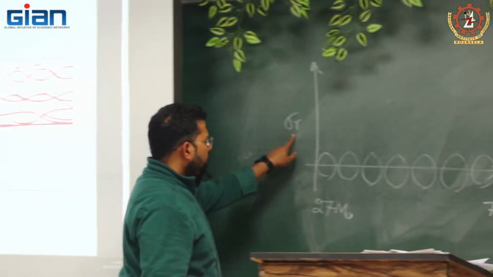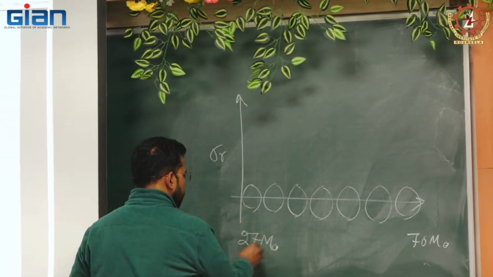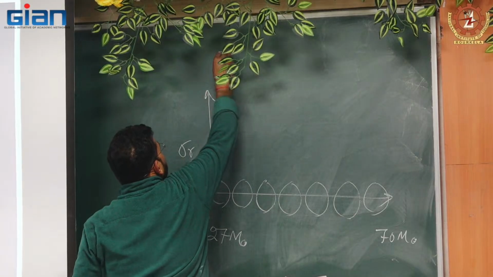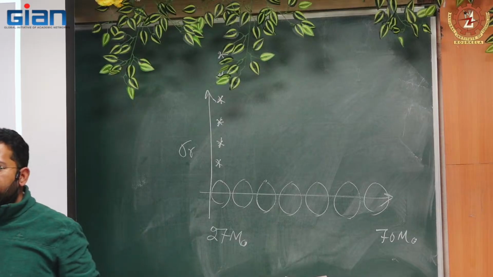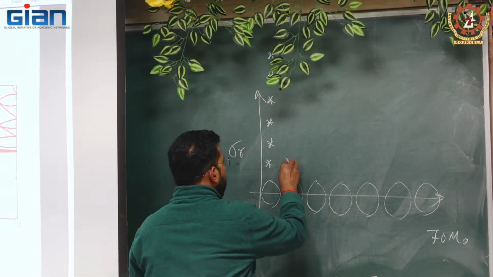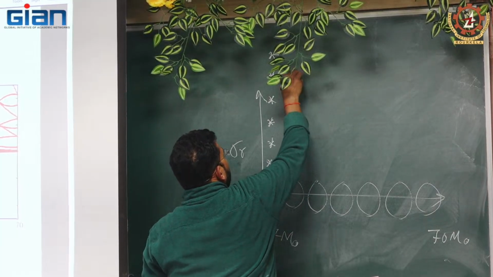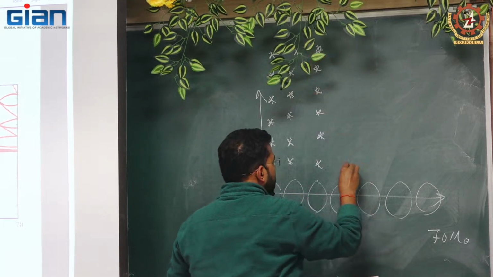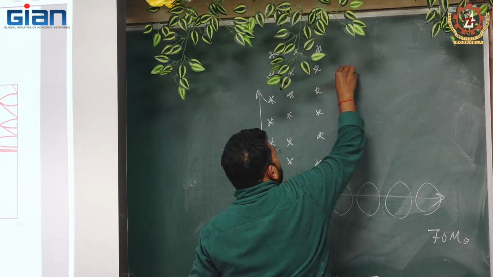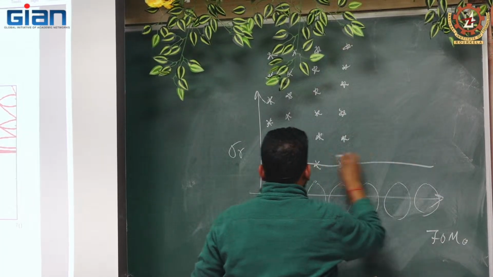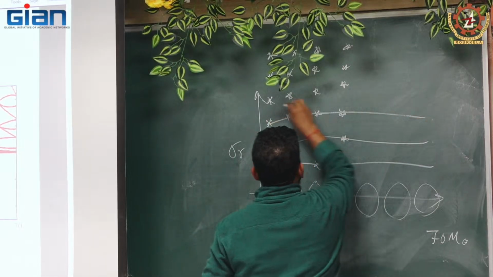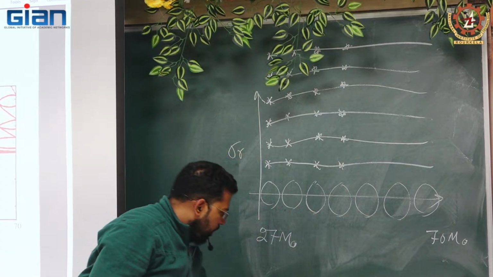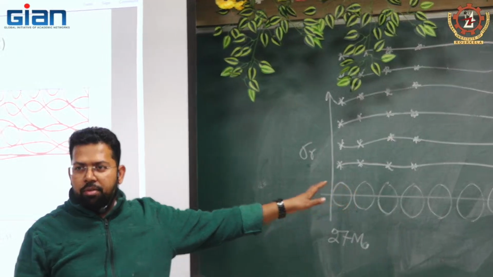For example, if I take only the real part of the eigenfrequency, for one model you get a large number of these infinite set of eigenfrequencies. Similarly, if you compute it for the next one, you will again get an infinite set of eigenfrequencies, and if you do it for all these models, you will get a kind of line like what I have shown here, if they are very close to each other.